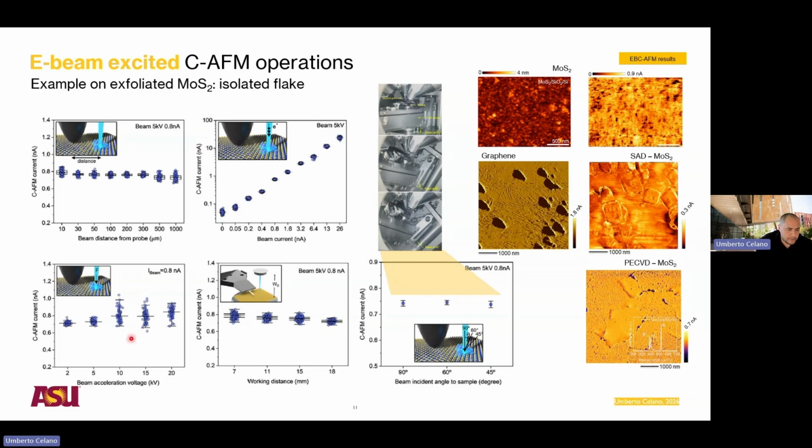On the bottom plots, we show, maybe more interestingly, the role of beam acceleration as a function of your current. Once more, we are keeping the distance fixed, and now we are just playing with the beam acceleration, so the amount of energy of the electrons impinging the surface. We notice that at some point you will start getting a lot of noise, which is energy dependent.